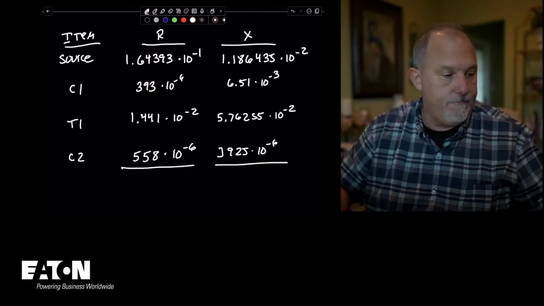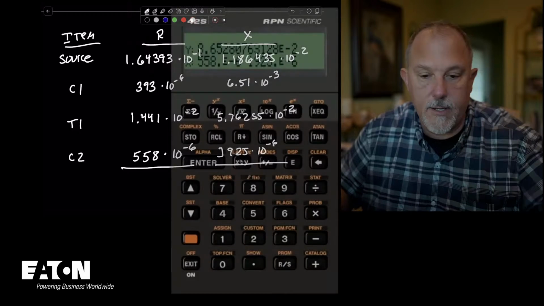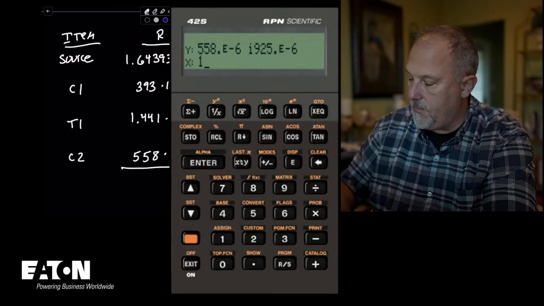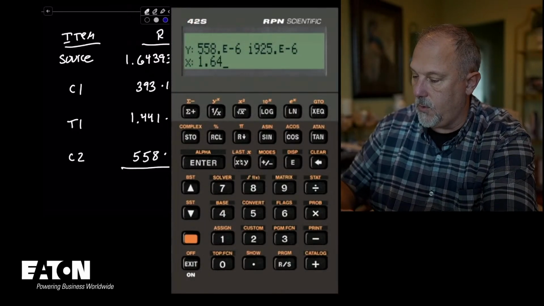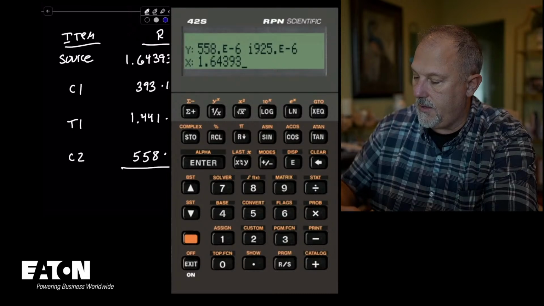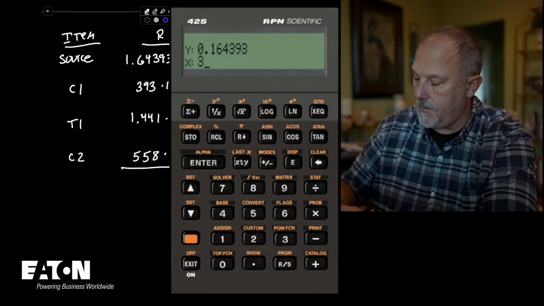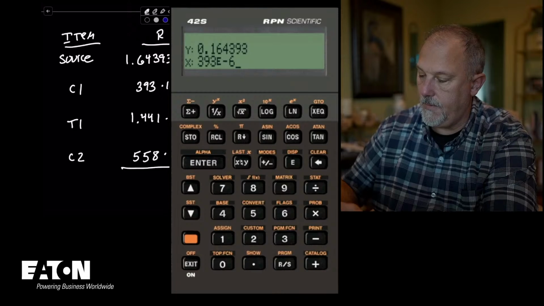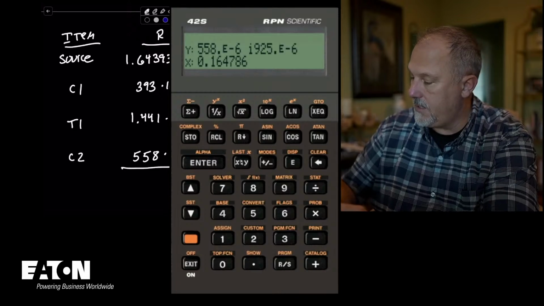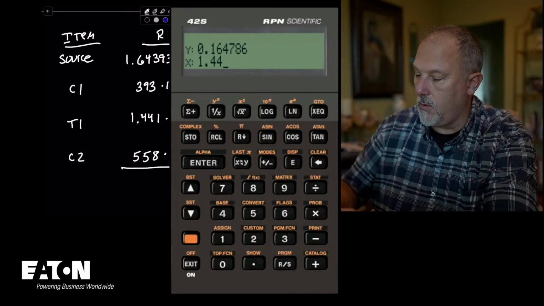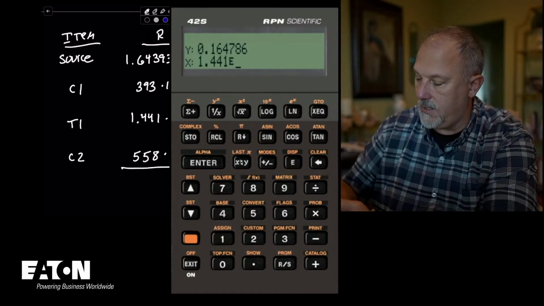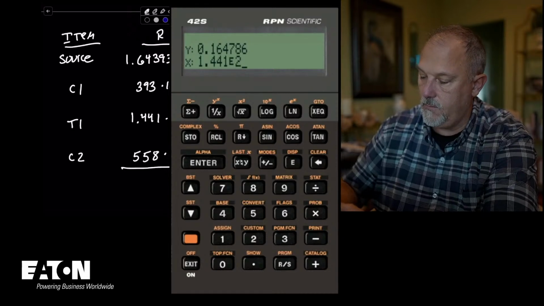I'm just going to throw my calculator up. So 1.64 393 times 10 to the negative 1. Enter. 393 times 10 to the negative 6. Plus 1.441 times 10 to the negative 2.